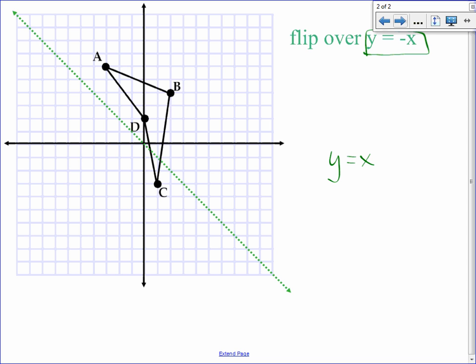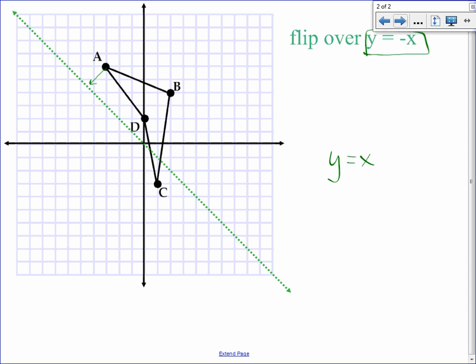Now when we reflect over lines, we always travel in a perpendicular direction. So when we were reflecting over the x-axis, we were traveling straight down, okay, at a 90 degrees with that reflecting line. So we're going to travel in a 90-degree direction over the reflecting line on here as well.